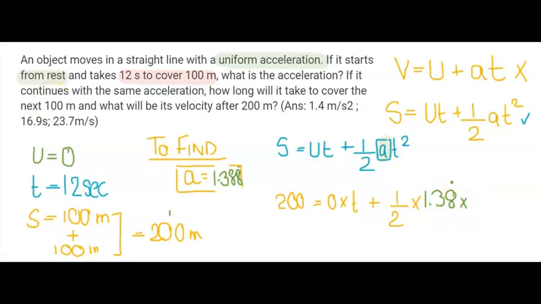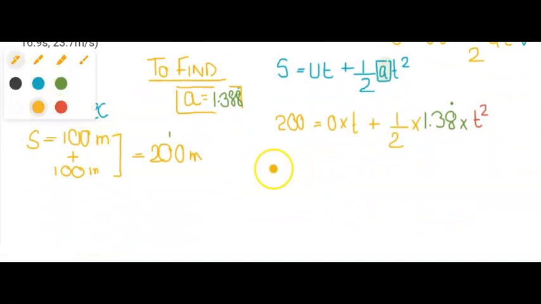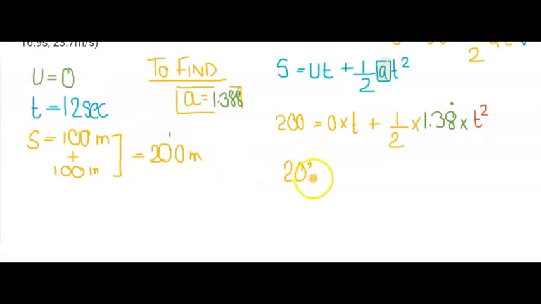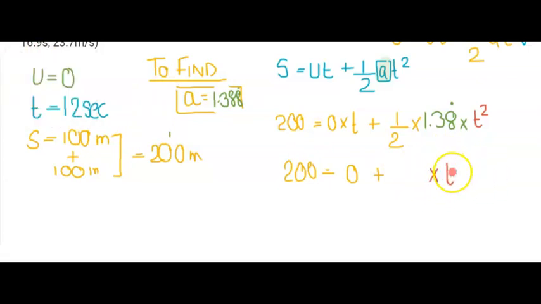Multiply by t square. 200 is 200. That's 0 times t is a 0. What is half times 1.388? That will give me this answer.